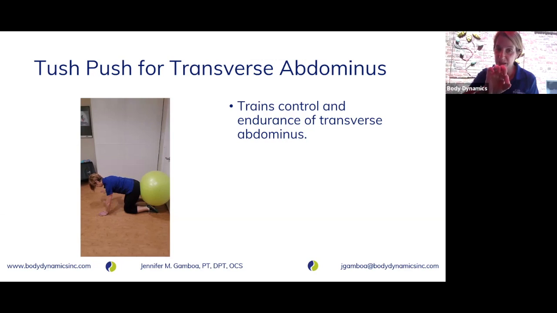That transverse abdominis is engaged here, and it's hanging on to create that corset. And now we're working on endurance of the transverse abdominis, and challenged by introducing different forces in. As you move your arm into different directions, you're introducing different forces and angles into the transversus that it has to stabilize against.